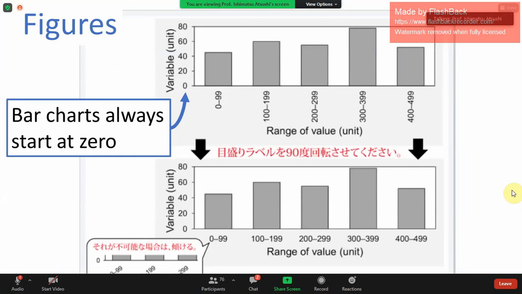And also the labels on the x-axis here should be horizontal, not vertical like these, okay? But if this is not possible because of the limitation of space, then you can tilt, slope, like so. Okay, this is about bar charts.